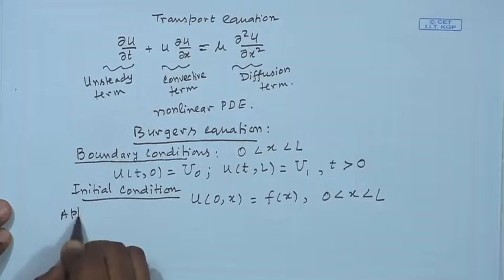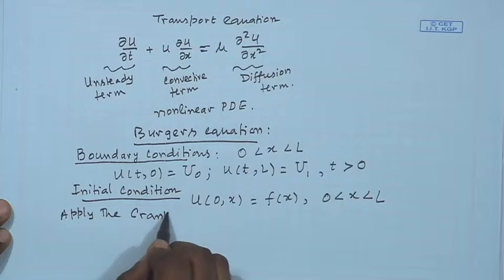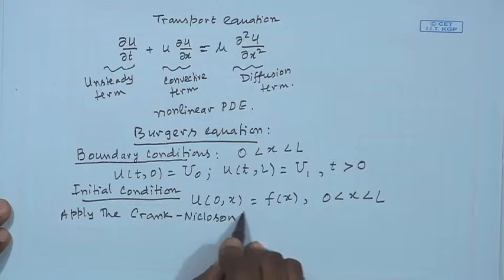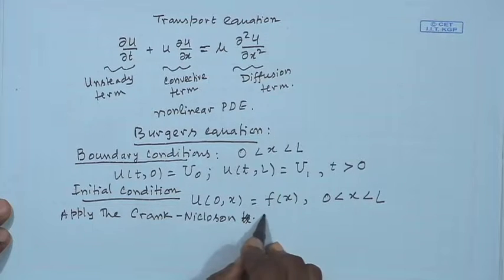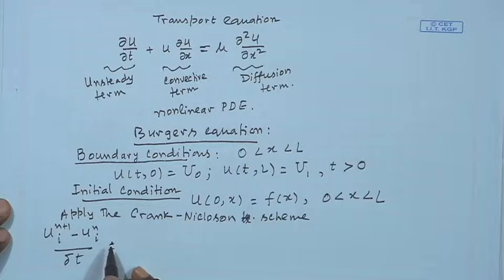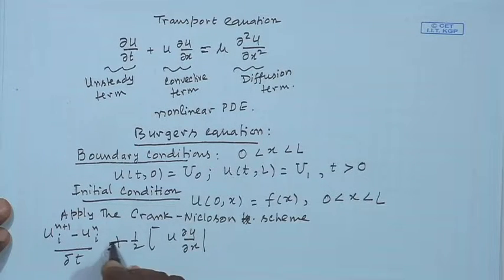So, if we apply the Crank-Nicolson scheme, we can write this scheme. What you can write is u n plus 1 i minus u n i by delta t plus, because this is half, u del u del x. Basically, the Crank-Nicolson scheme is a 2-time level scheme.